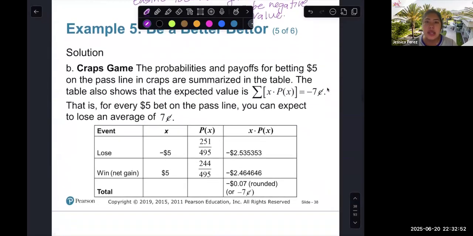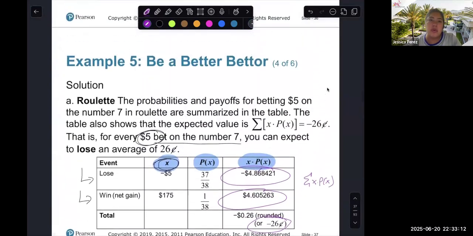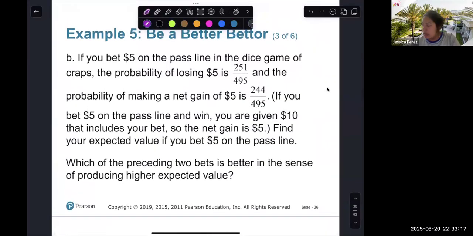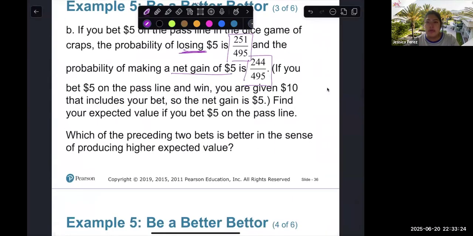Now, if we have craps, now we have a different type. We have the losing and the winning. Now we're looking at question B. In the craps game, you're losing $5 and the probability is 251 out of 495. Where are they getting that number from? Well, if we come back, this is the probability of losing, and the probability of winning is 244 out of 495.